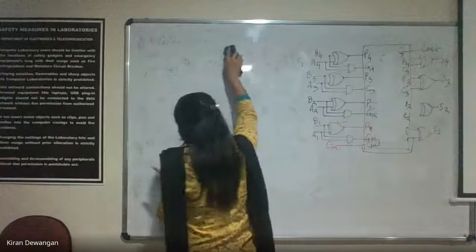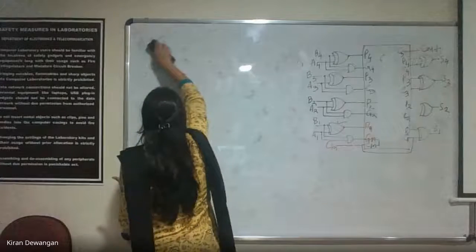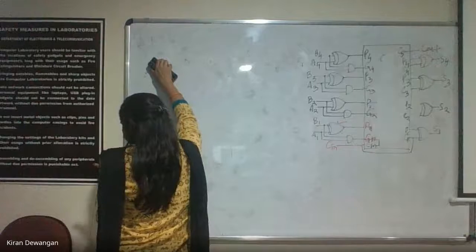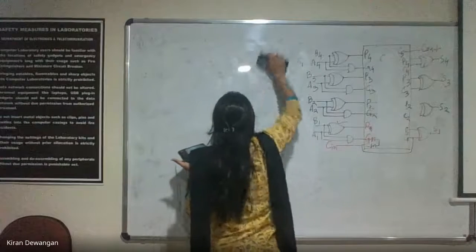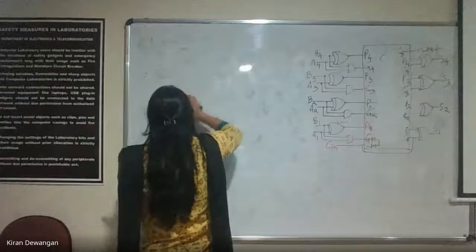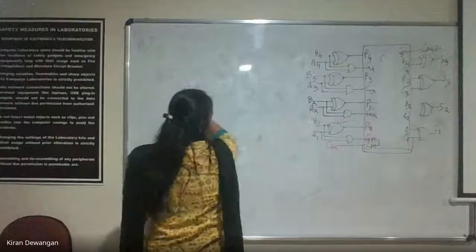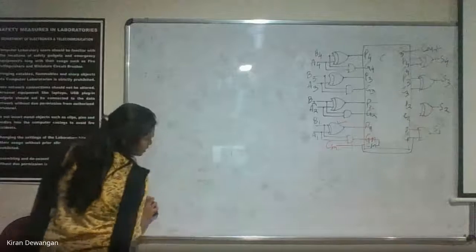It is represented by 8421 code. It is represented by 4 bit. 4 bit में representation होता है. ठीक है? So what we need to understand about a BCD code, that it's a 4 bit code and we need to add 2 BCD numbers.